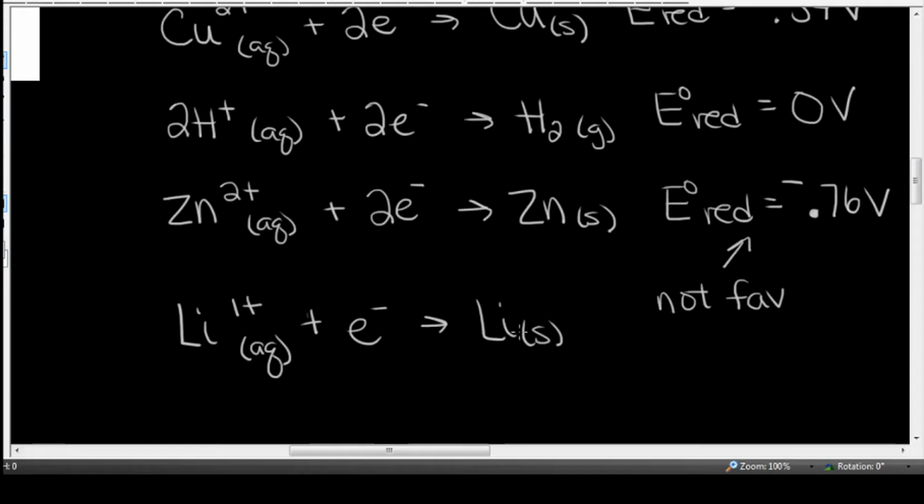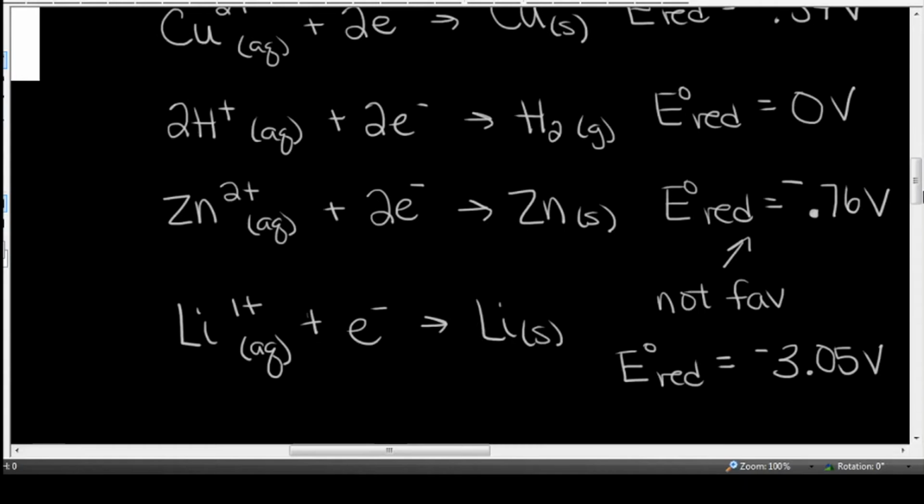So it's much more likely that the reverse, or the oxidation, of this reaction would be what was taking place. This reduction is not likely. In fact, it's got a very large negative reduction potential, negative 3.05 volts. The reverse reaction of lithium losing that electron, the oxidation potential of that would be a positive 3.05 volts. So it's much more likely that this is going to be oxidized.